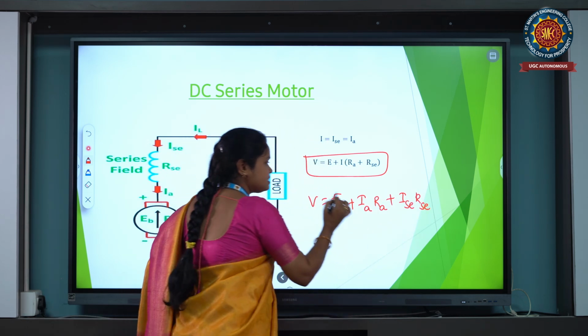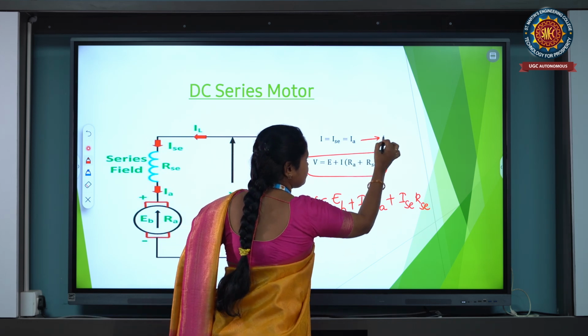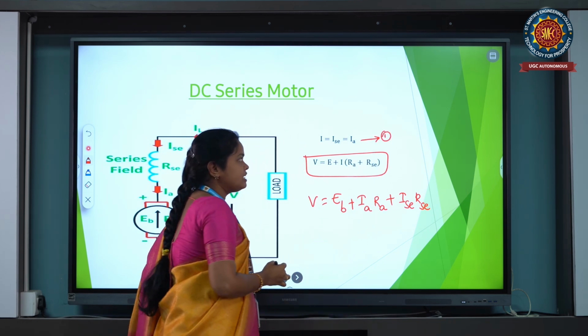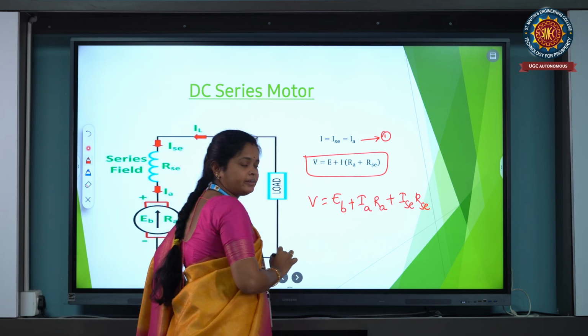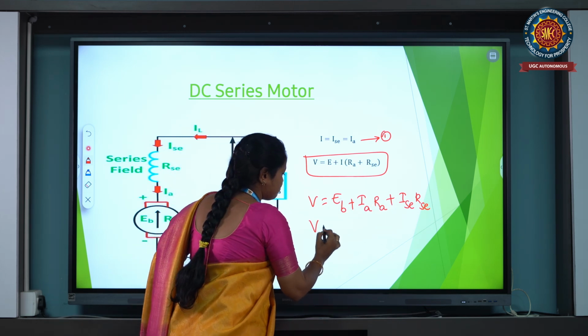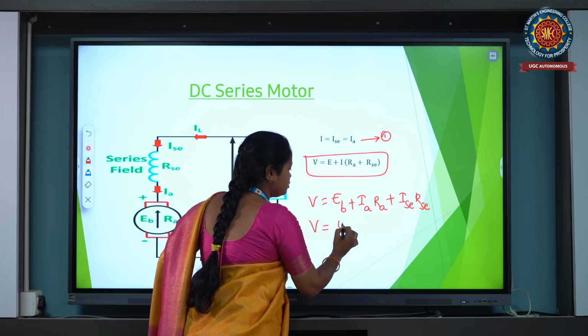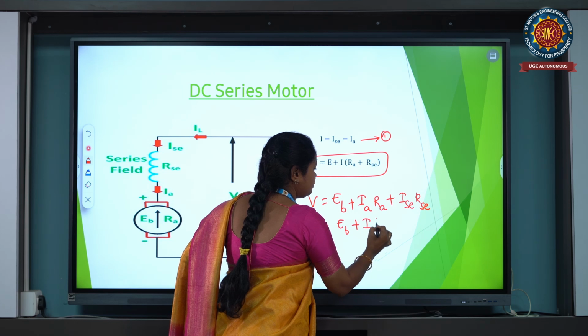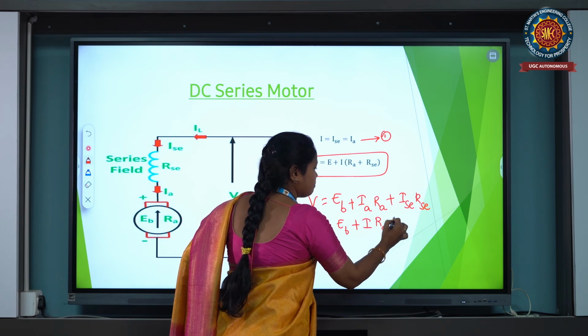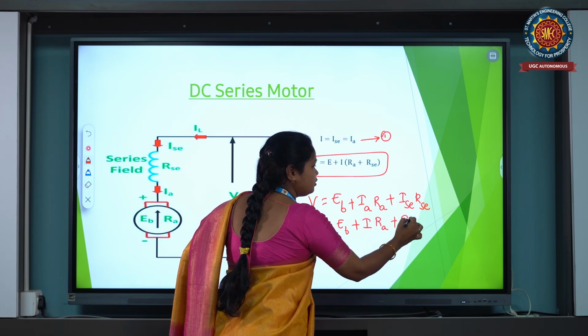So from this equation, V = EB + IA RA + ISC RSC. This is equation 1. From the equation, the IA current and ISC current are the same. So V = EB + I RA + I RSC.